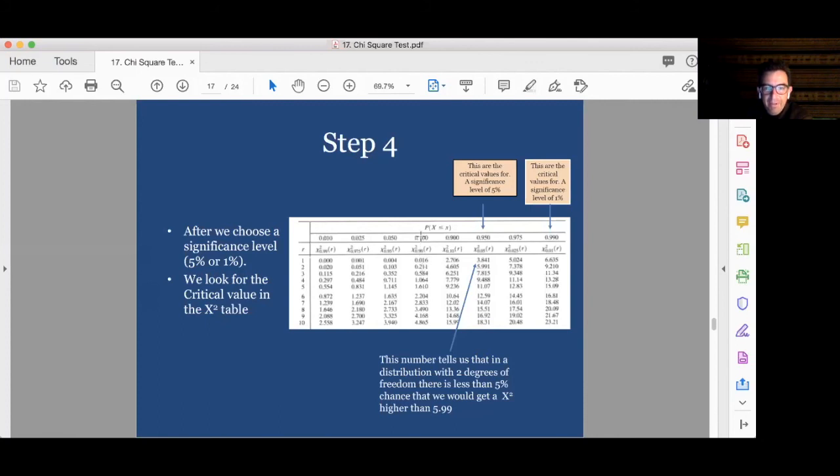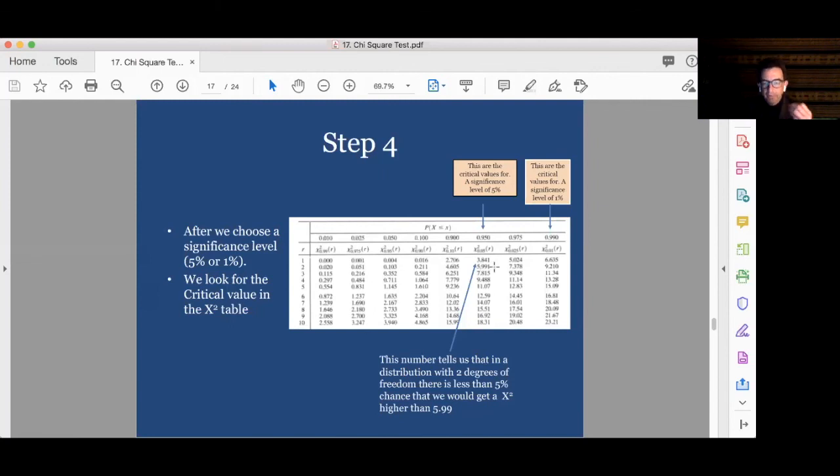And up there is the probability you get a number equal or lower than that. In our case, for 2 degrees of freedom, we said there is a 5% chance that we would get numbers higher than this. And remember that this is when the null is true, when there's no relationship. And there is a 95% chance that we would get numbers of this or lower.